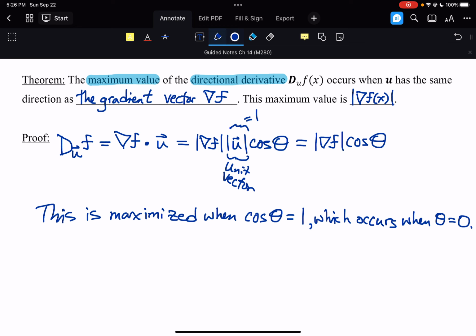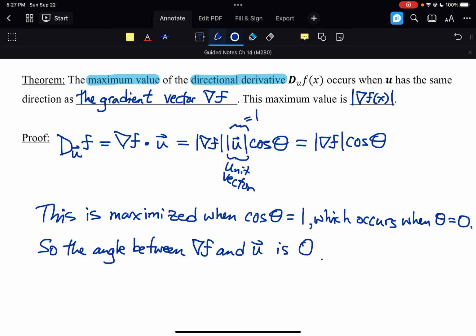So this will be maximized when cosine is at its maximum, which is when it is 1, and that occurs when theta is 0, or in other words, the angle between grad f and u is 0, or in other words, they're the same direction, they are parallel. So we can say the angle between grad f and u is 0.